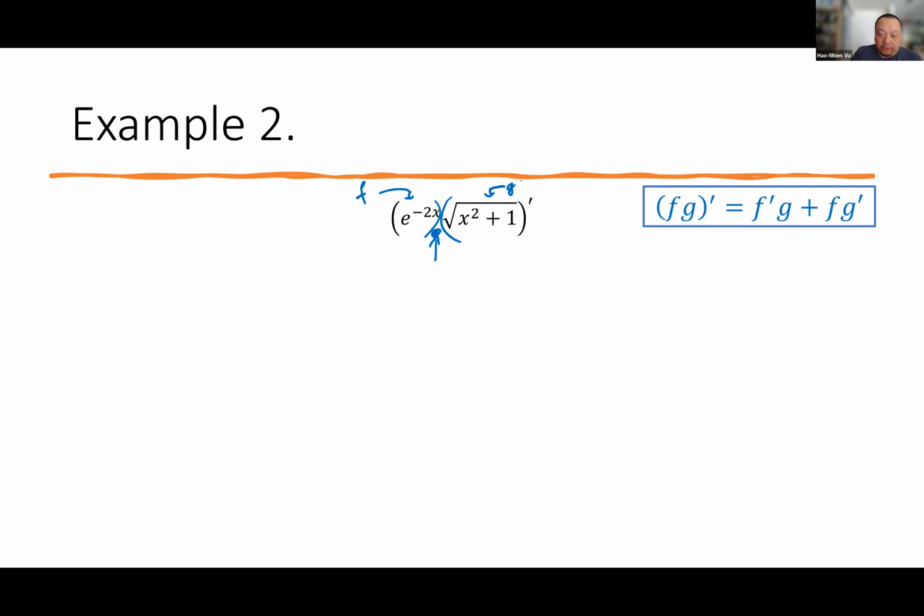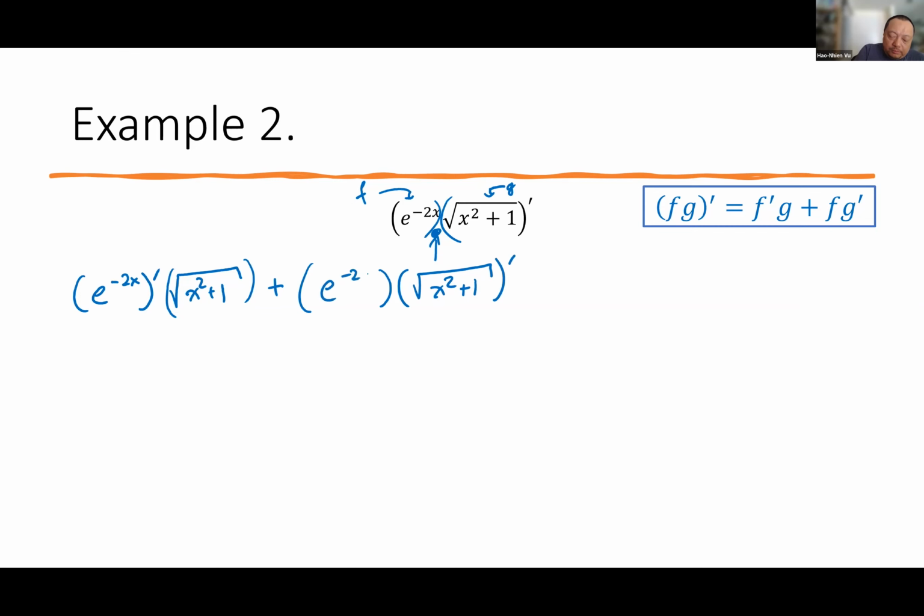So apply the product rule, derivative of first term times the second term, plus the derivative of the second term times the first term. Okay, this is my f prime g, and this is my f g prime, plus. Okay, let's do one at a time.